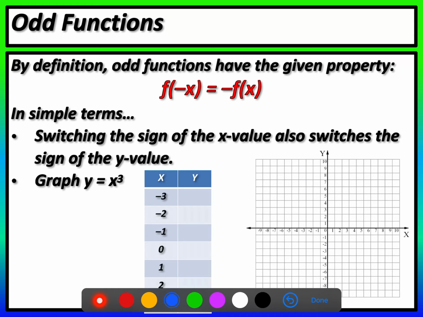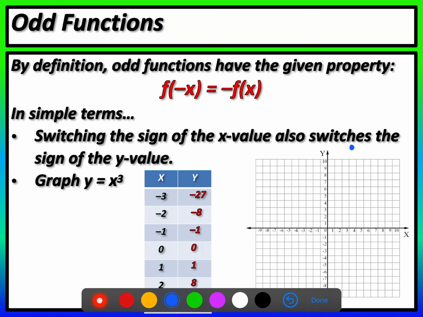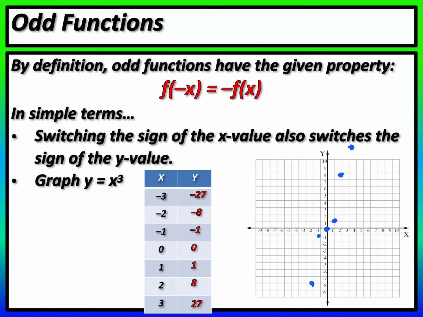Okay, so same idea here. For odd, when a positive and negative x value are plugged in, they're resulting in the same y value with opposite signs. So negative 3 produces a negative 27, and positive 3 produces a positive 27. Now I'm obviously not going to get 27s on my graph, so we can just estimate where that would go, kind of hanging off the graph there.